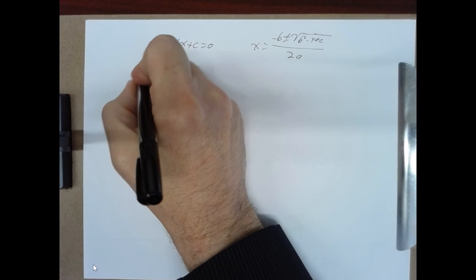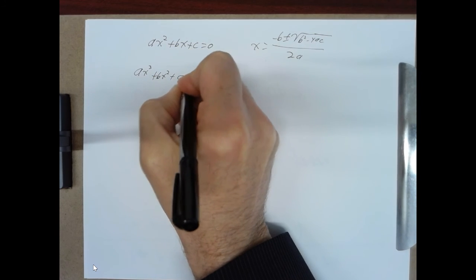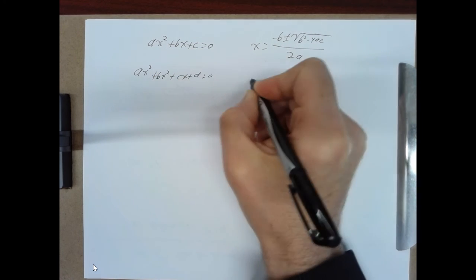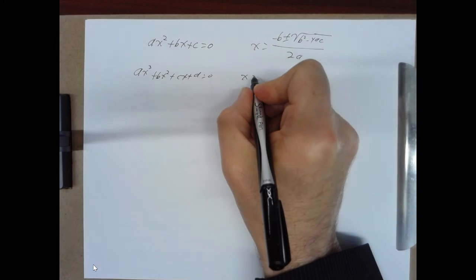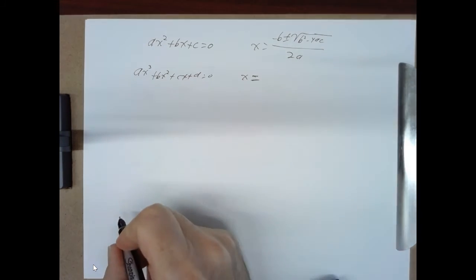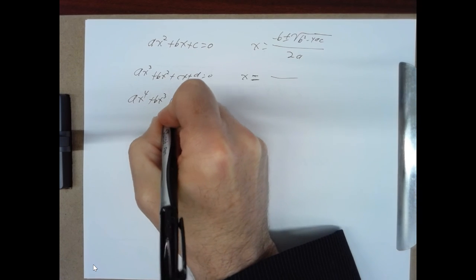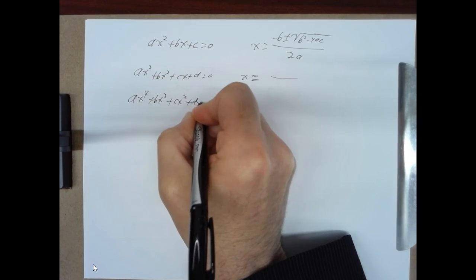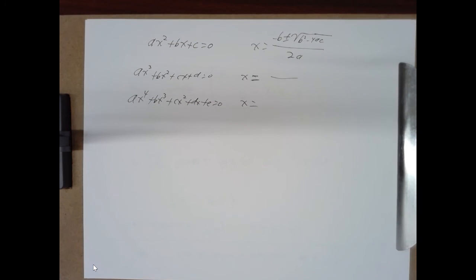So what about cubes? Is there a cubic equation? There is. I'm not going to write it down because I don't know it. But there is a cubic equation, and how about quartics? Is there a quartic equation?